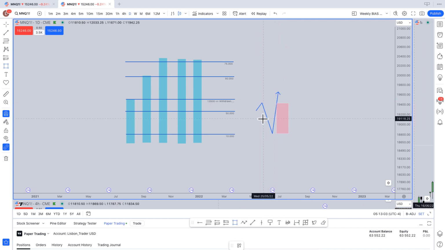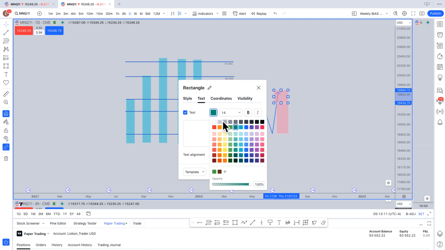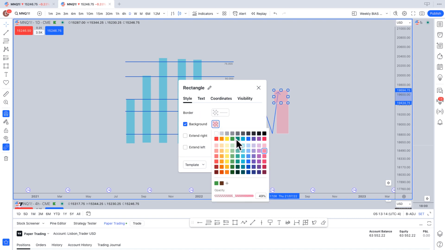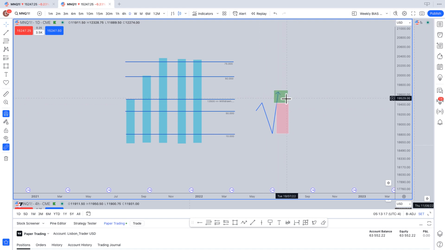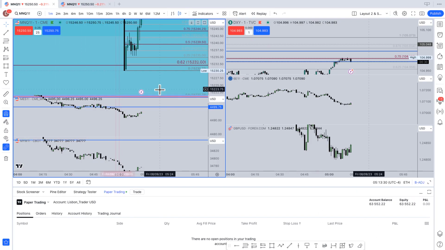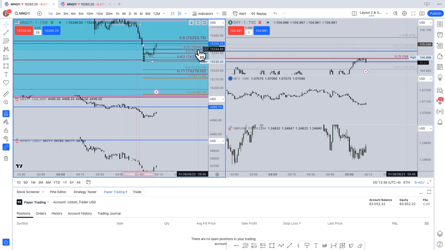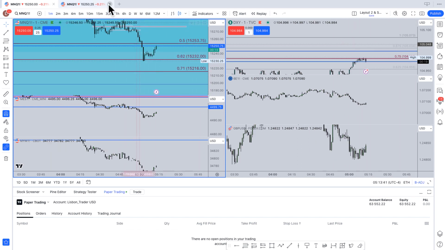So we bag this part, which is green. We bag this part. Okay, well, this is going up, and this is going down, but the scalping is over.